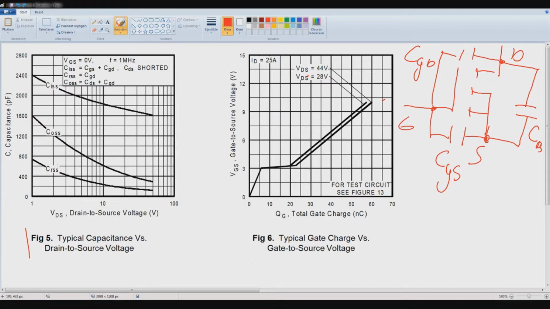We first start with CRSS, which is only the gate to drain capacitance, which is this one.